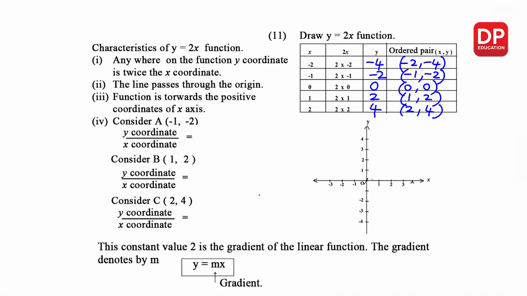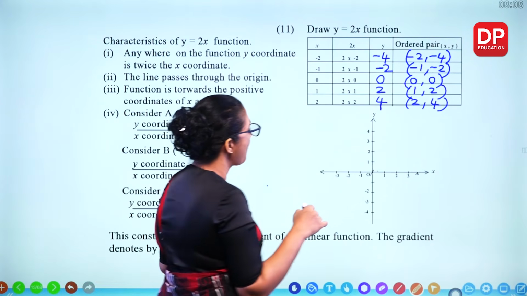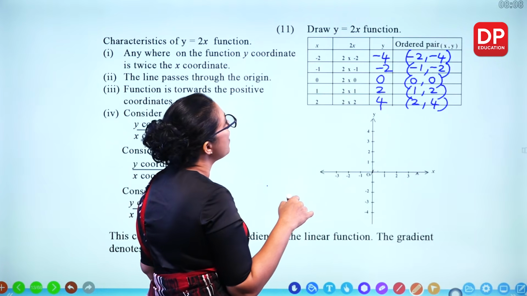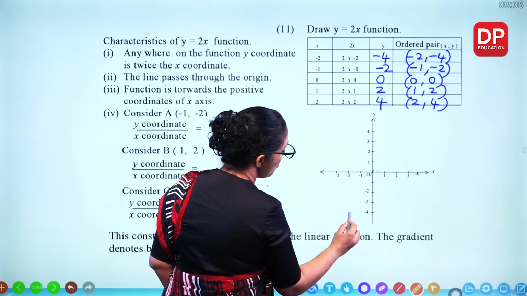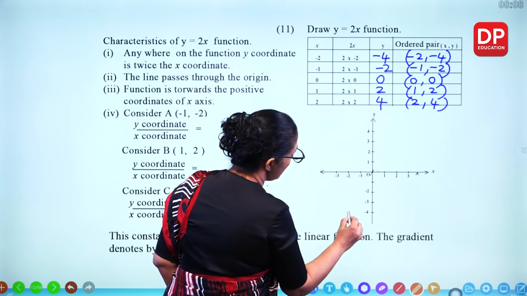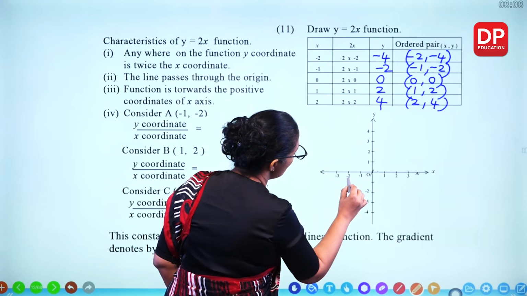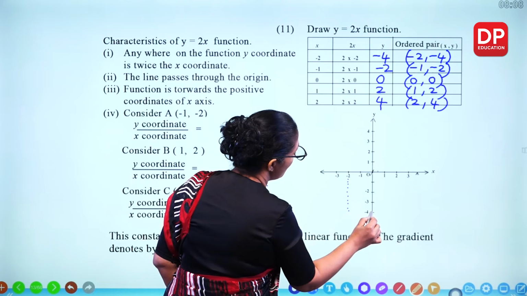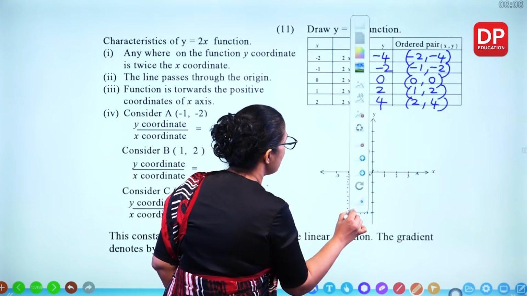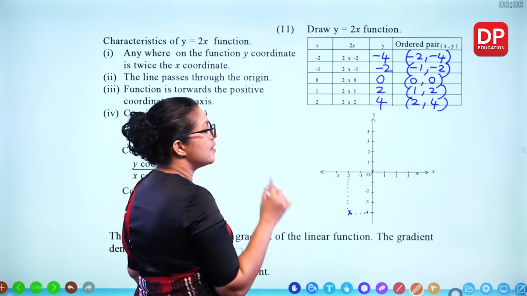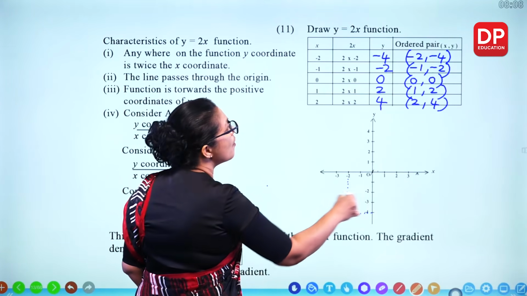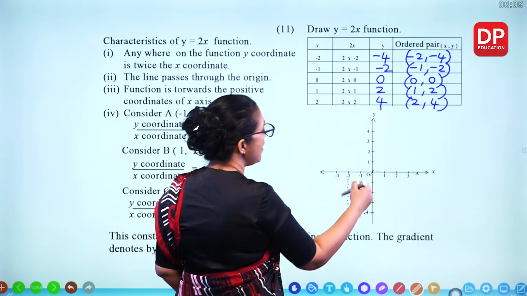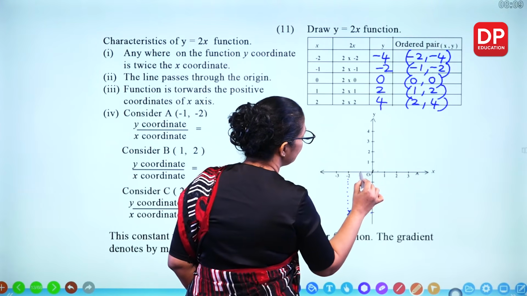Now we need to draw the graph. We'll mark it -2, -4. Here you need to mark it properly. Here I can't see the squares. It's difficult for me, but you have to mark it correctly. -1 with -2.